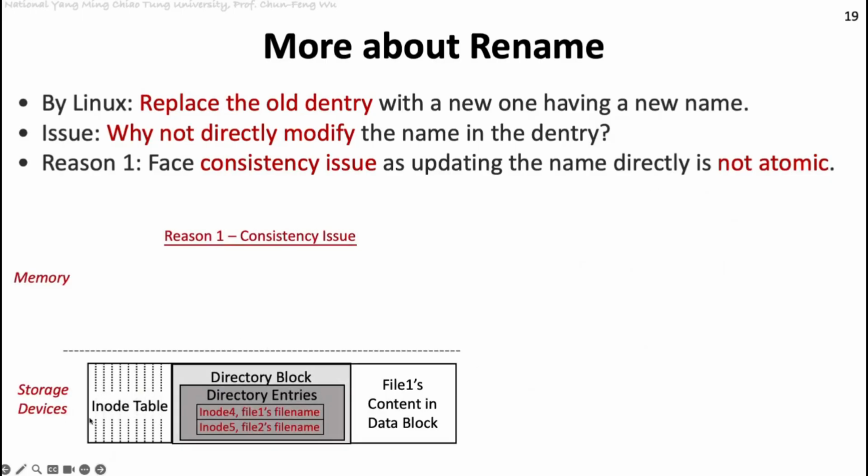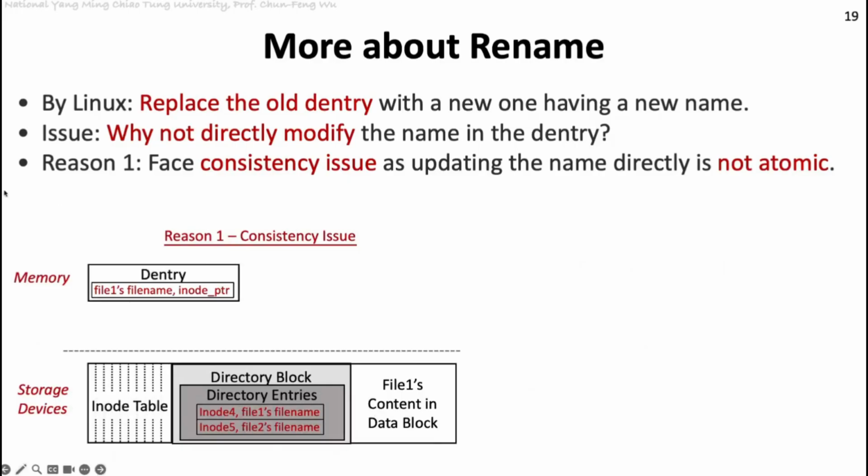This figure is just like our prior slides. In our storage device, there are several regions: one for inodes, and one for data blocks. Inside the directory's data block, there are several directory entries belonging to that directory. These are all the same as before.